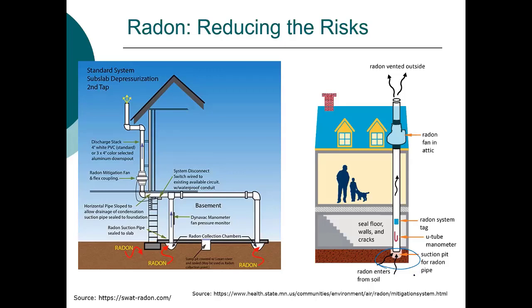Radon is monitored regularly, and about every couple of years we do an additional check to make sure that the radon levels are acceptable in the home, especially in the basement. And then you can see here how the radon is vented outside.